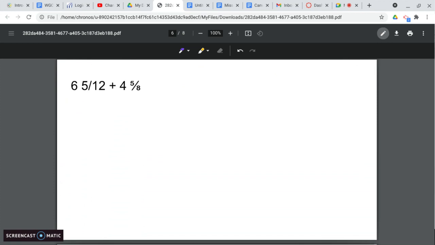So here we have 6 and 5/12 plus 4 and 5/8. So 6 plus 4 is going to give us 10. 5/12 plus 5/8. Now careful here. Common denominator between 8 and 12 is going to be 24.